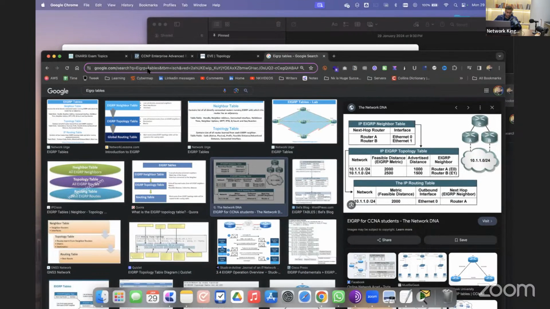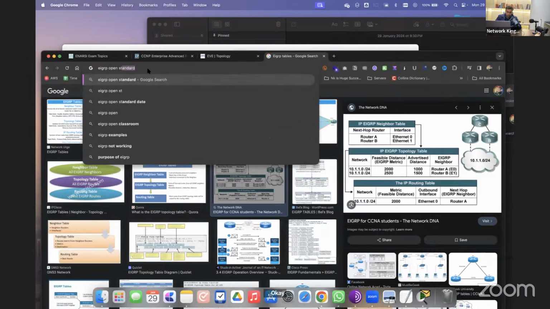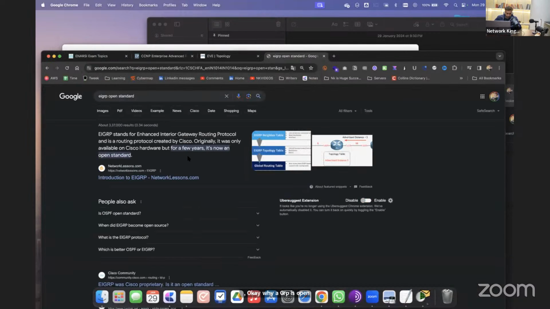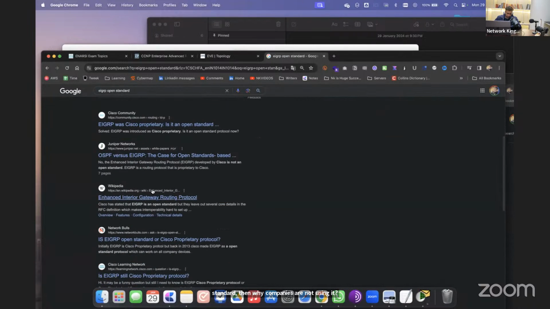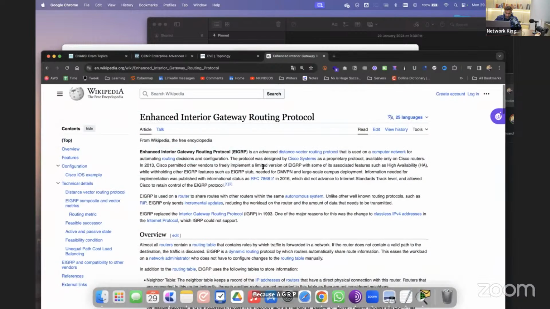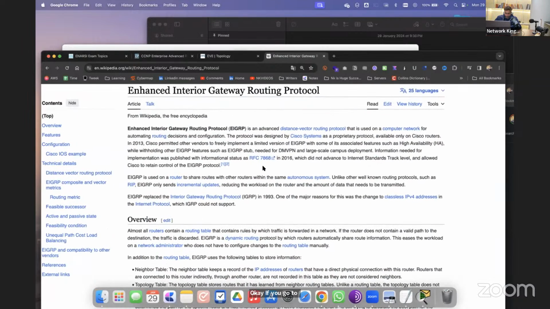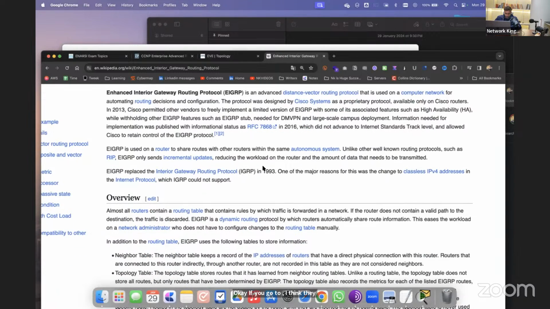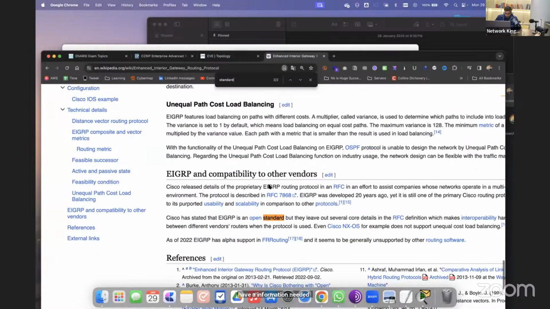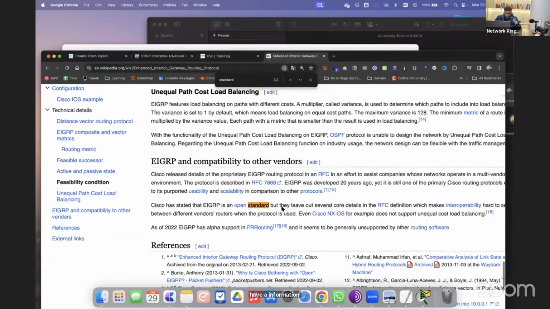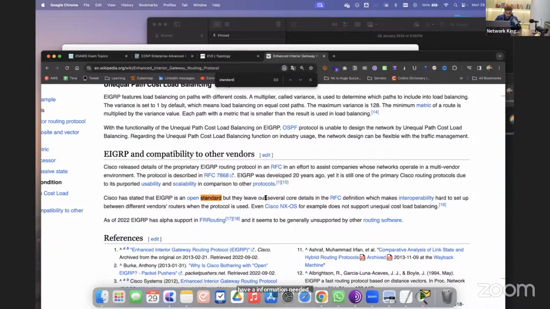Why is EIGRP open standard, then why are companies not using it? Because EIGRP was made open standard in 2013 approximately. If you go to Wikipedia, Cisco has stated that EIGRP is open standard, but they leave out several core details in the RFC, which makes interoperability hard to set up between different vendors when the protocol is used.